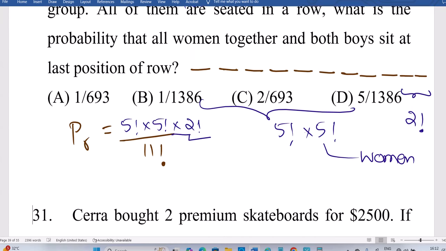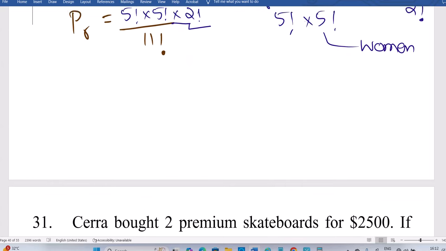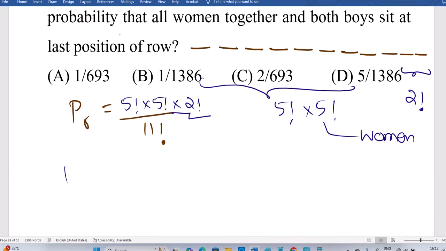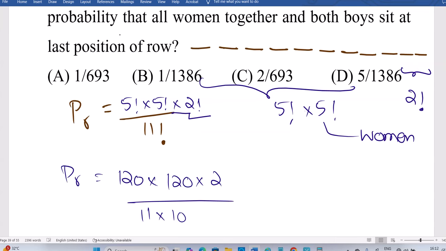Calculations you need to worry about. So numerator 120 into 120 into 2, divided by 11, 10, 9, 8, 7. Then I know 6 factorial is 720.